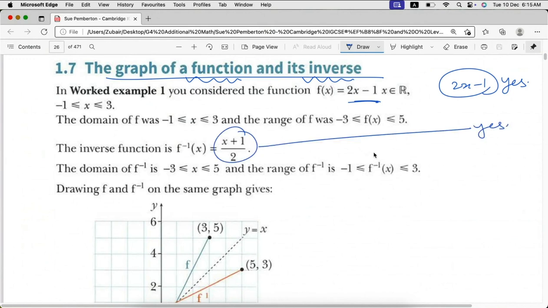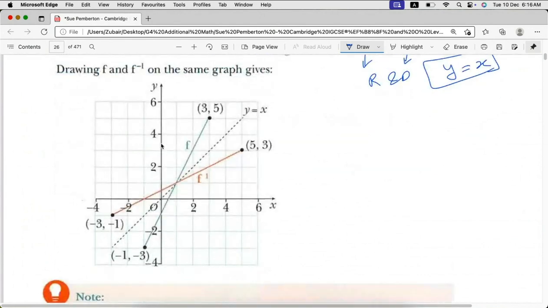The important thing to understand is that the relation between them is a reflection in y equals x. x becomes y, y becomes x. Domain and range become range and domain. For the one in blue, the domain is -1 to 3 and the range is -3 to 5.